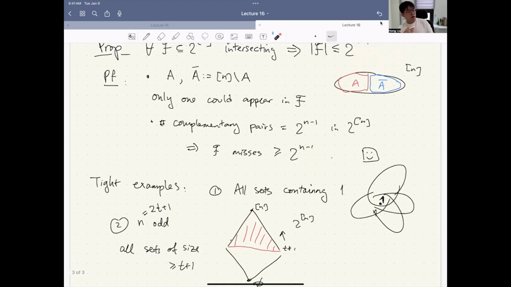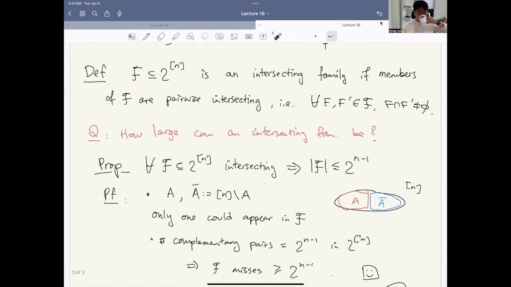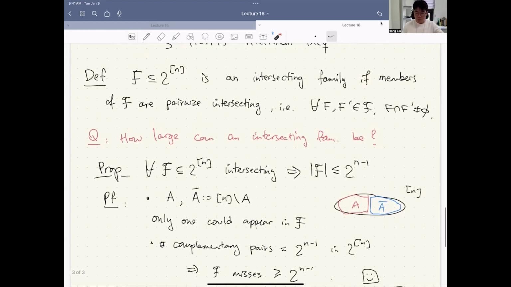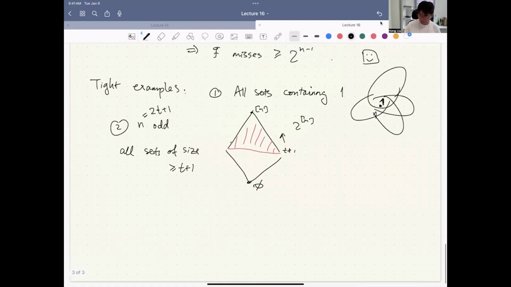Good. Now I would like to ask the next question. Actually, before asking the next question, I will leave you an exercise. I think it's an easy exercise to do. Before that, I need to define what is a maximal intersecting family.